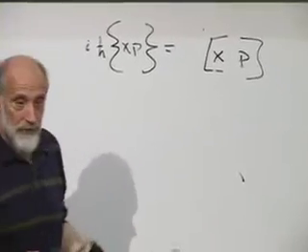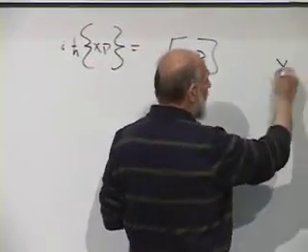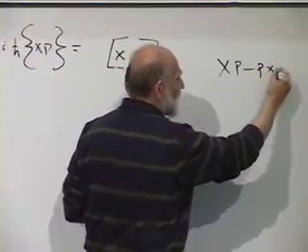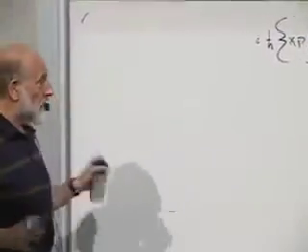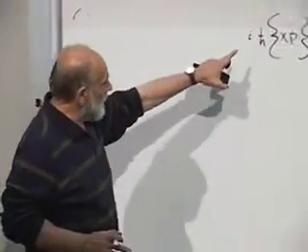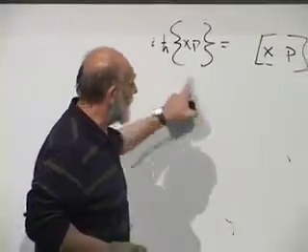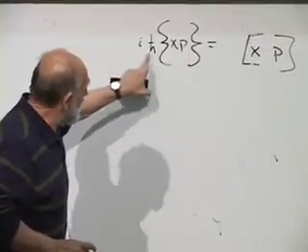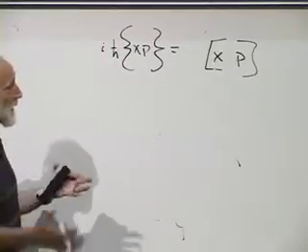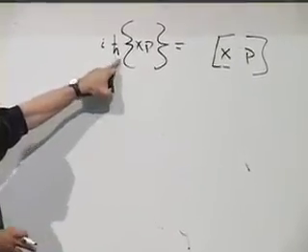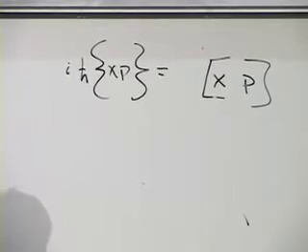That's natural because in classical physics, xp minus px is 0. Commutators are 0 in the classical limit, in the limit that h bar is equal to 0. They're only non-zero when h bar is not equal to 0. So here we see how h bar gets into the commutation relations.